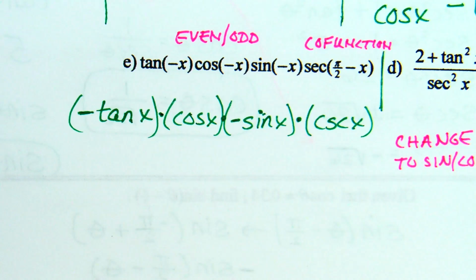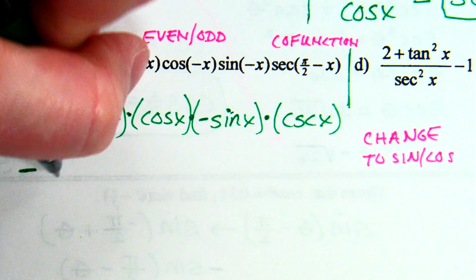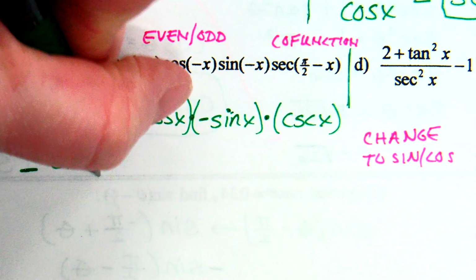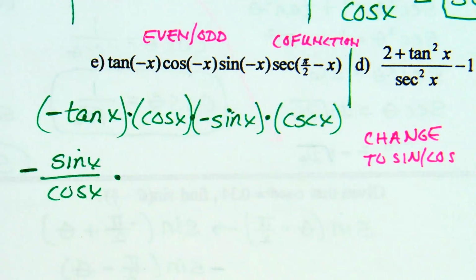So, what is negative tangent when I change it to sine and cosine? Still negative. What's tangent? Sine x over cosine x. While I'm here, what's cosine as a fraction? How do I write it in fraction form?